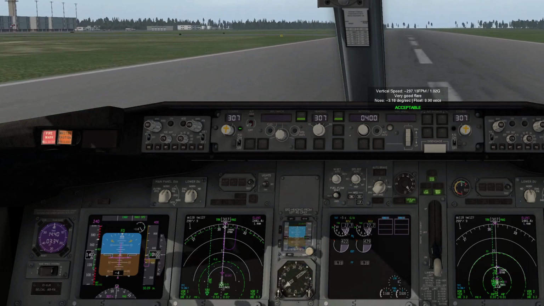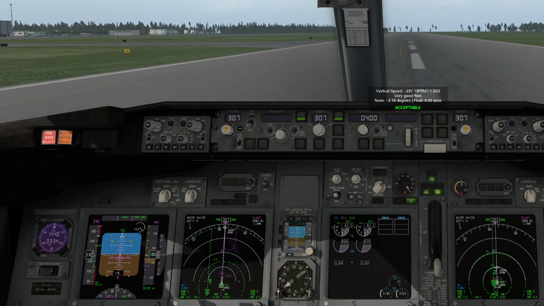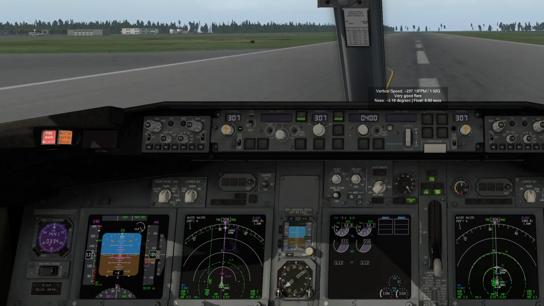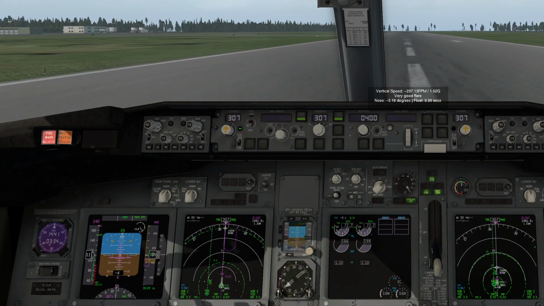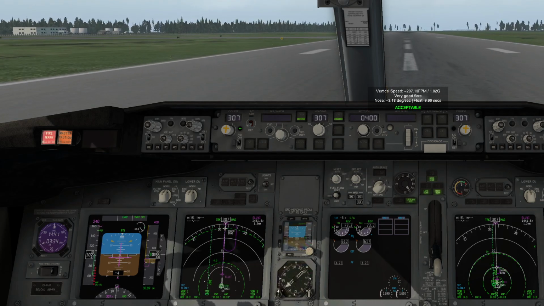And reversers. Less than 300 feet per minute from the landing. That's good for this runway.